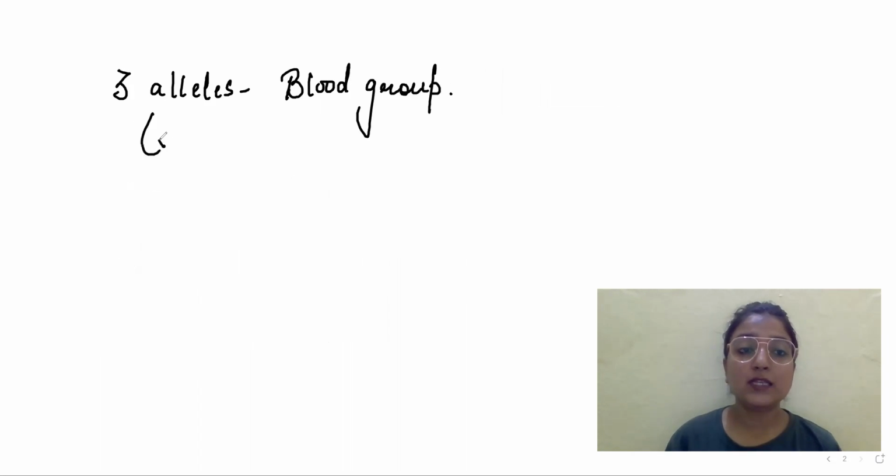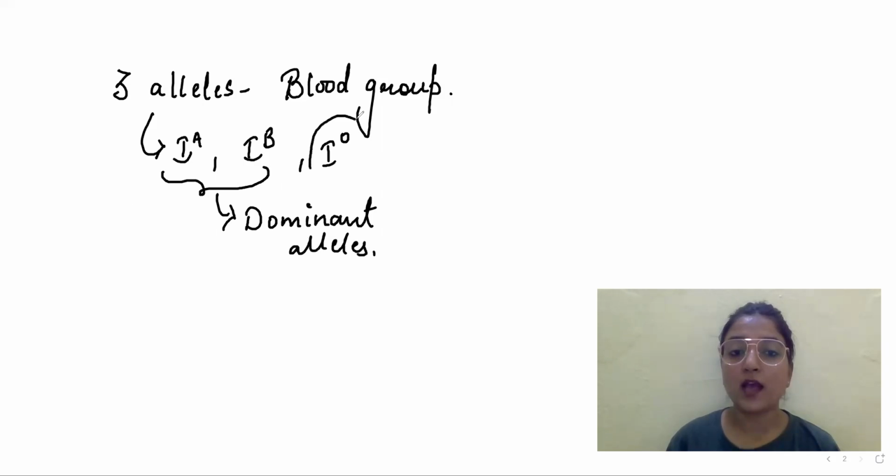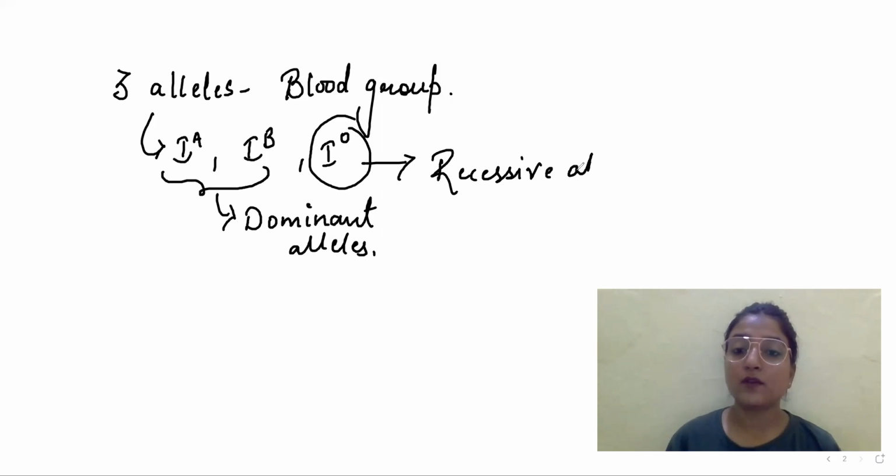So these three alleles are IA, IB, and IO, right? Now IA and IB here are the dominant alleles, whereas IO is the recessive allele, right?